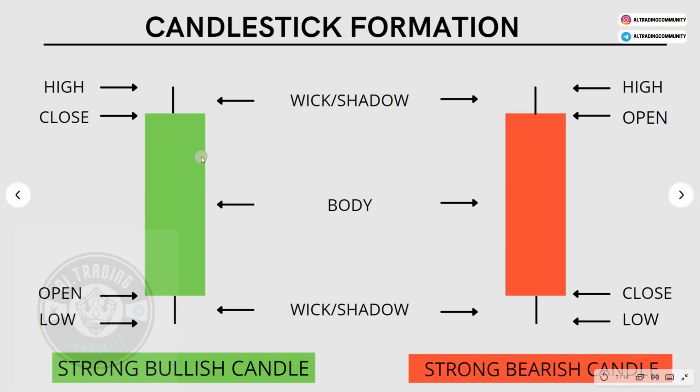Here you can see two types of candlesticks: a green candlestick and a red candlestick. In the first candlestick, the price is going up, that's why it is green. In the second candlestick, the price is going down, that's why it is red.